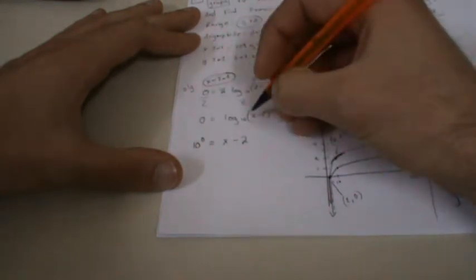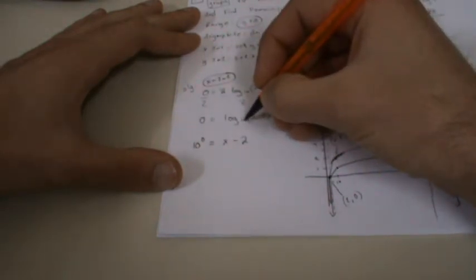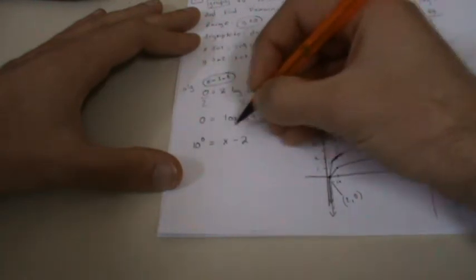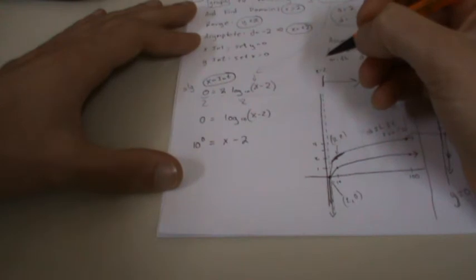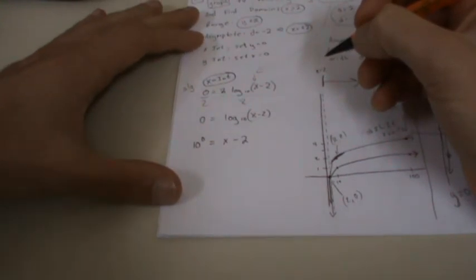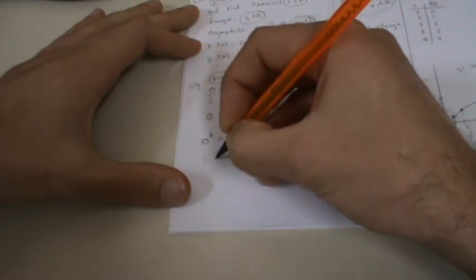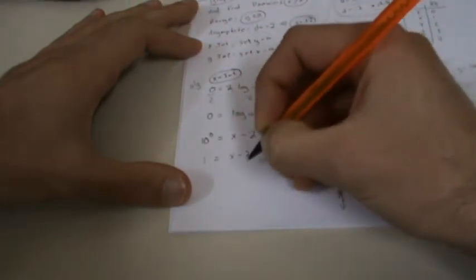So basically the definition of logarithm says, what do I need to raise 10 to, 0, in order to get this? So 10 to the 0 is equal to this here. And so I would say that 1 is equal to x minus 2.